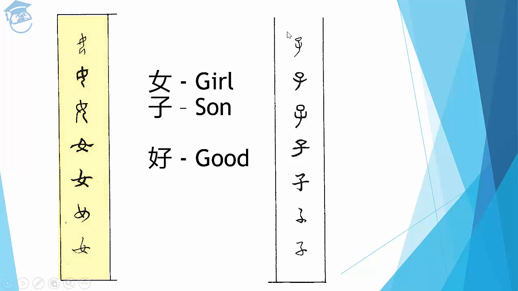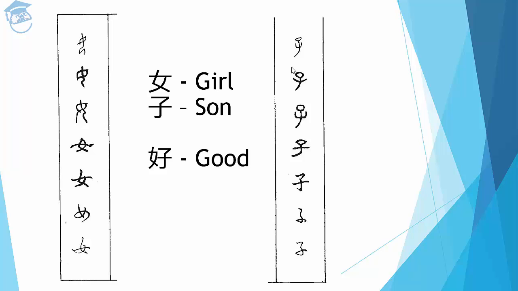And for son, or it can also be said as a boy, you can imagine this as a baby which has his head and also the hands protruding out and the body is being wrapped. So this is son or boy. So I hope that gives you an idea of why Chinese characters look like this, because they all arise from pictures.